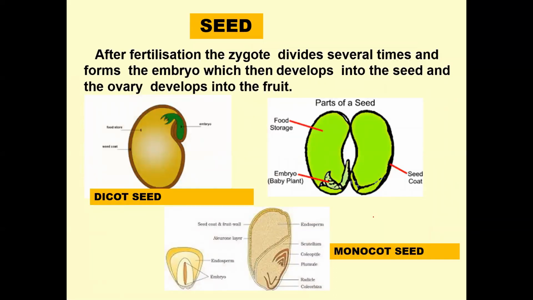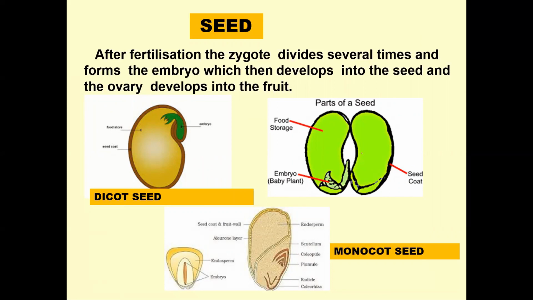So what exactly is a seed? A fertilized ovule develops into a seed. You can see here a monocot as well as a dicot seed. Dicot seed has two cotyledons in this.